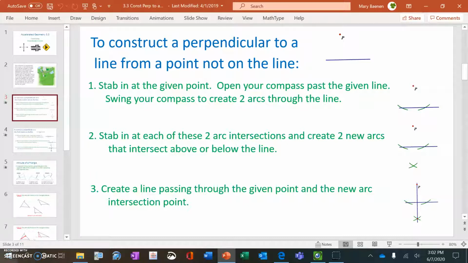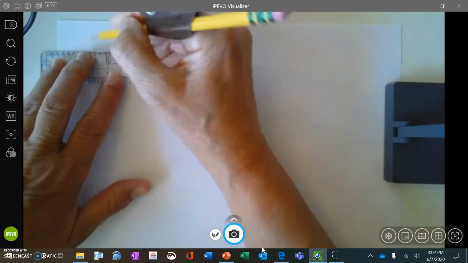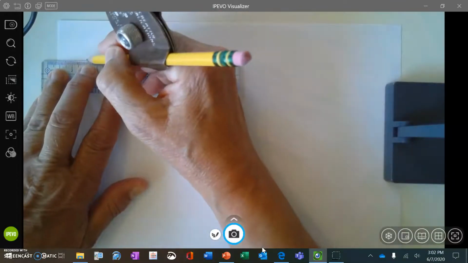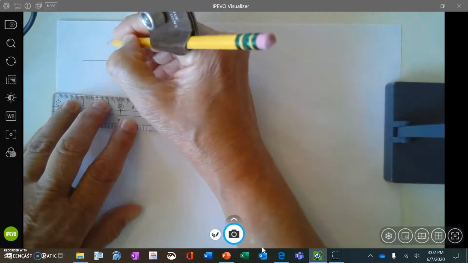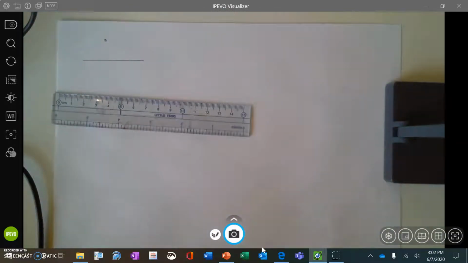So the first one is to construct a perpendicular to a line from a point that is not on the line. So if I go here, I will draw a line, and here's a point that is not on the line. And I'm purposely making it so it's not anywhere near the center of that line.